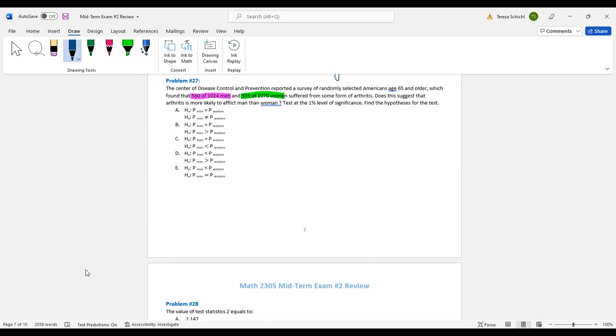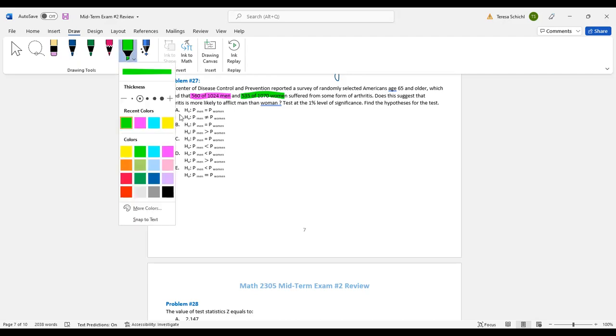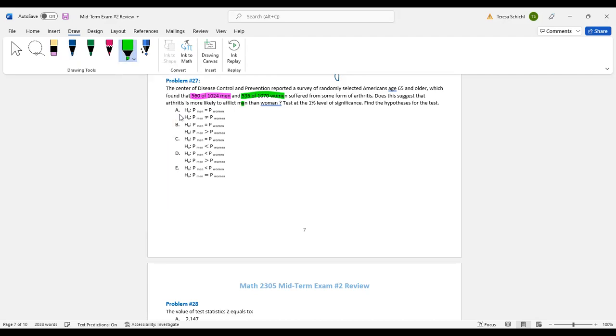Does this suggest that arthritis affects men more than women? And I'm testing at the 1% level of significance here.